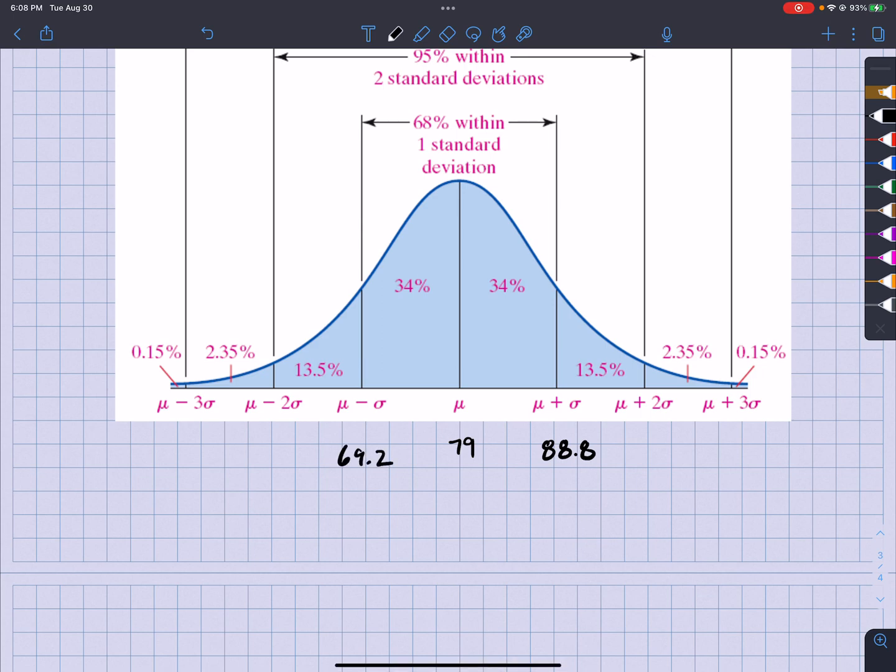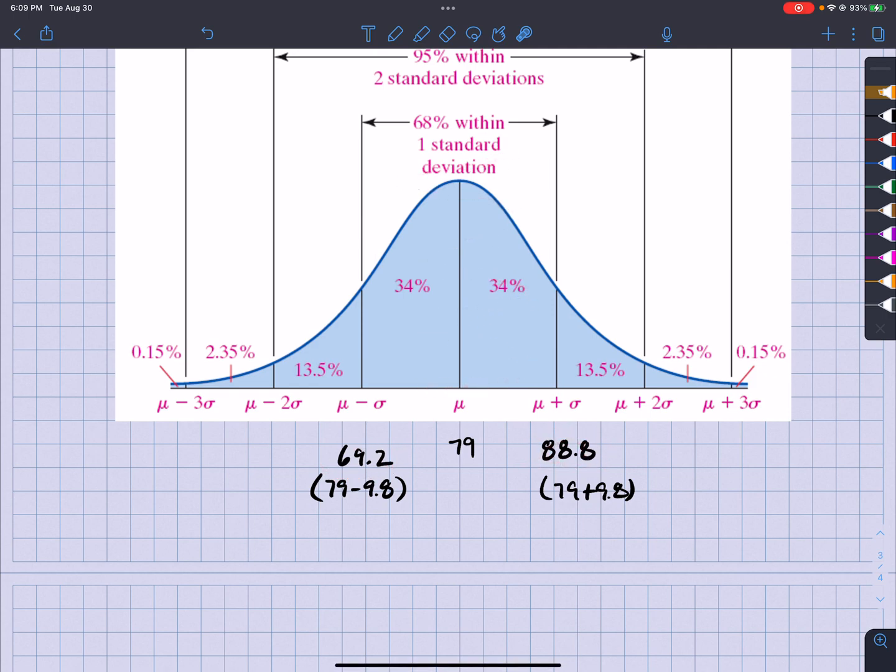69.2. Okay? So let me go ahead and put this in parentheses. This was 79 minus 9.8, and this was 79 plus 9.8. And that's what this part means, right? Add one sigma and subtract one sigma. So what it's saying is that 68% of the data would lie between 69.2 and 88.8.